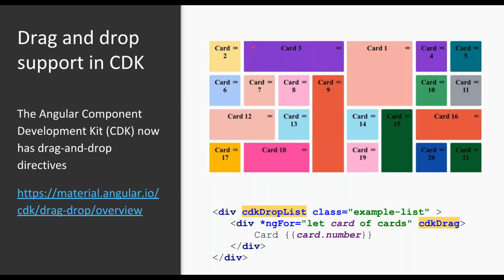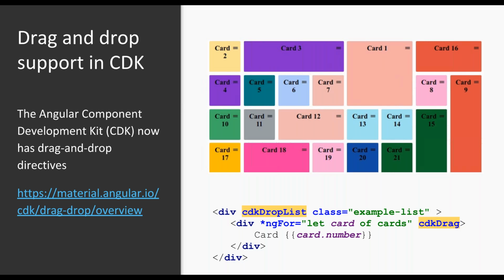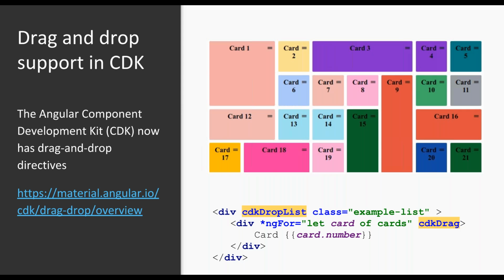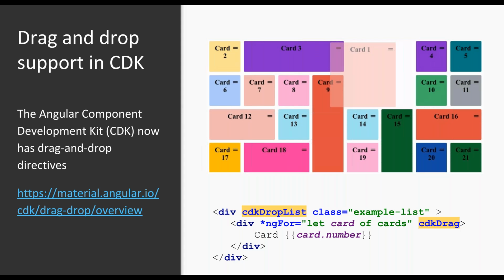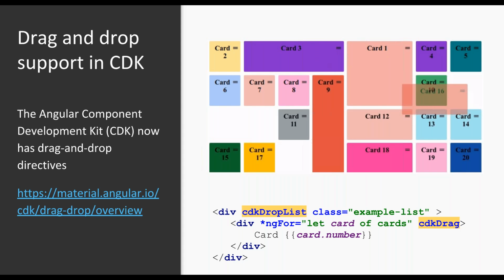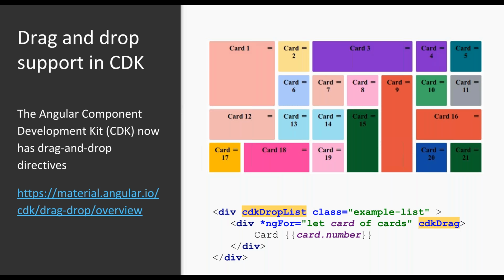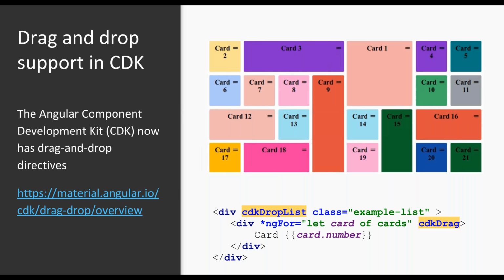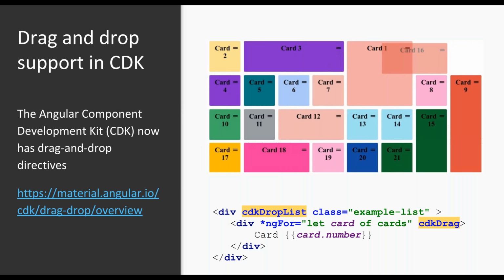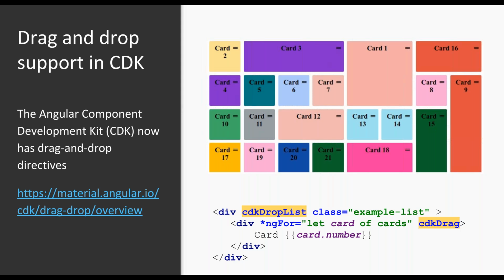So now, in terms of coding itself, one of the partner projects that the Angular team is closely working with is called the Angular Component Development Kit. And this Angular Component Development Kit, or CDK, actually came about from the Angular Material team.